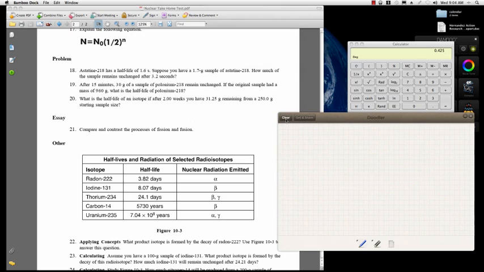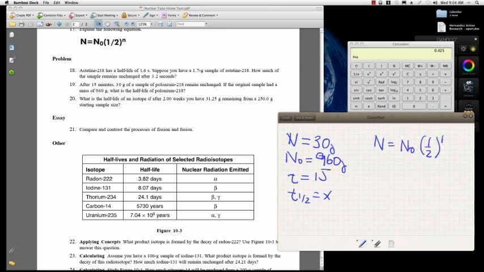Number 19 and number 20 are very similar in nature. They're actually asking you to solve for the half-life of the element. So in number 19, they give us the sample. We have 30 grams. The original sample is 960 grams. We have a time that has expired of 15 minutes, and T1/2 is our X. So we plug everything into our first equation of N is equal to N naught times 1/2 raised to the n.